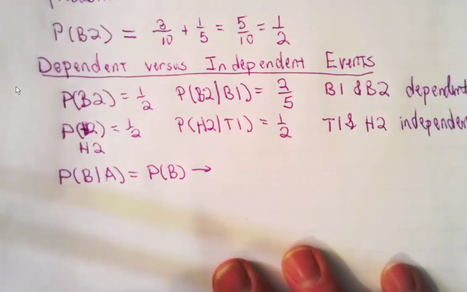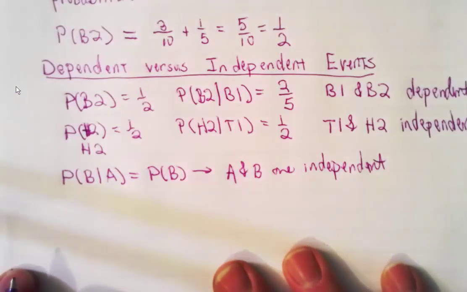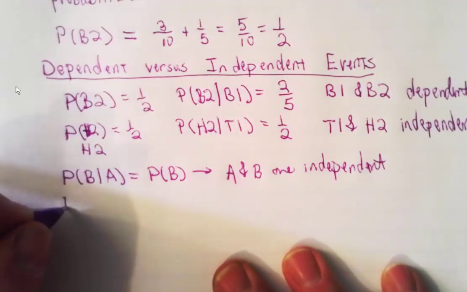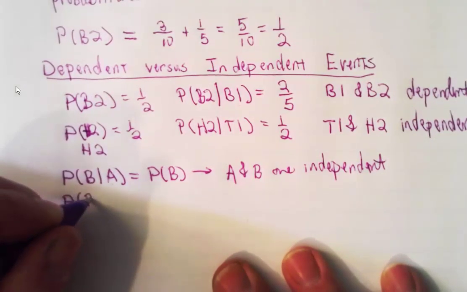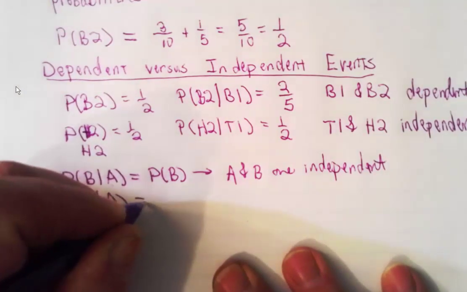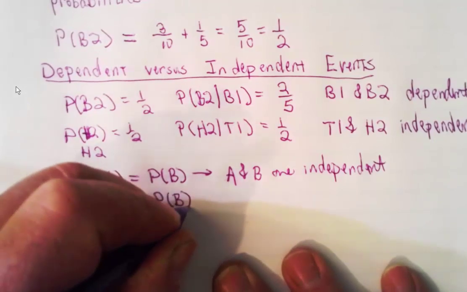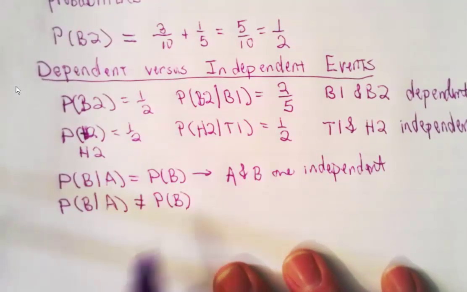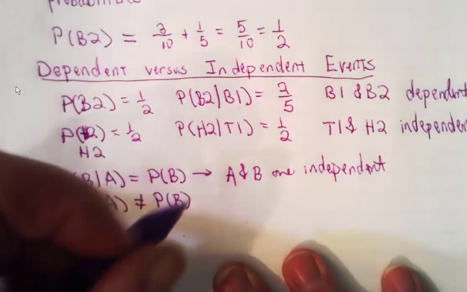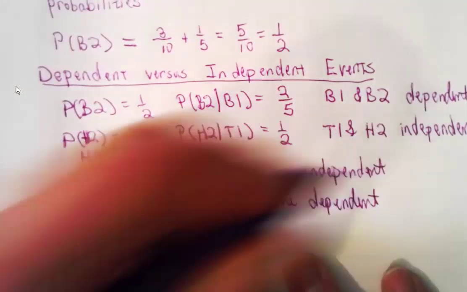One does not influence the likelihood that the other will occur. The other possibility is that the probability of B, given the information that A has occurred, is not the same as the probability of B without any conditions attached. If these are not equal, then we say that A and B are dependent.